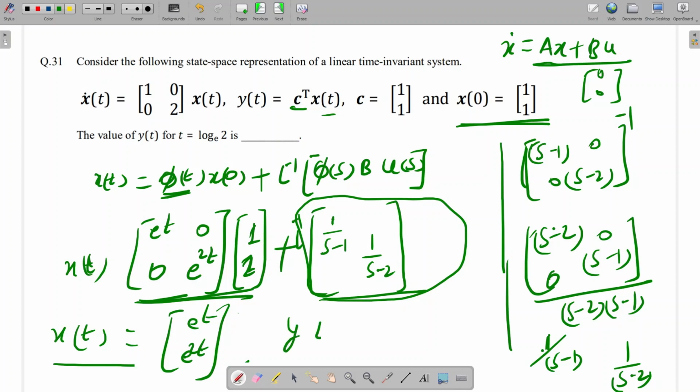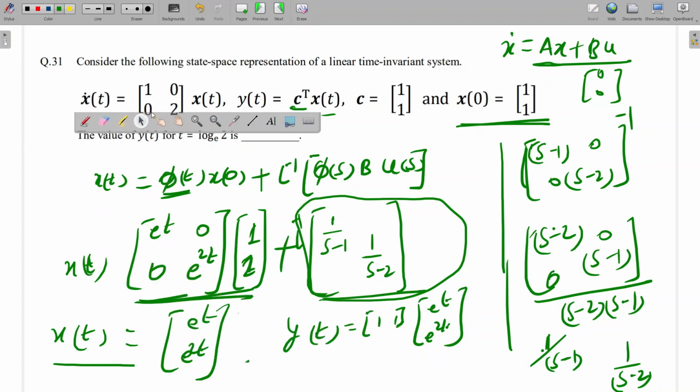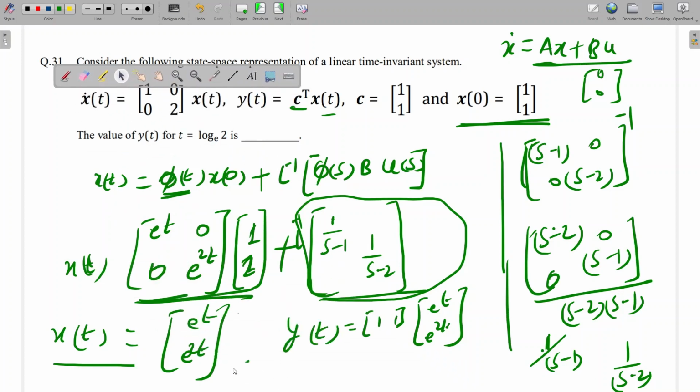So y of t will be 1 1 into e to the power t, e to the power 2t, which is the summation of these two terms. Y of t will be e to the power t plus e to the power 2t.